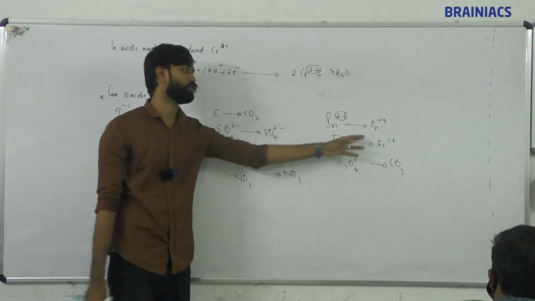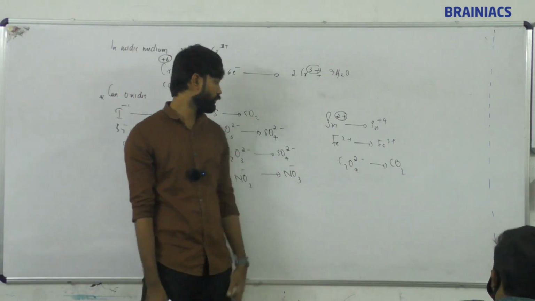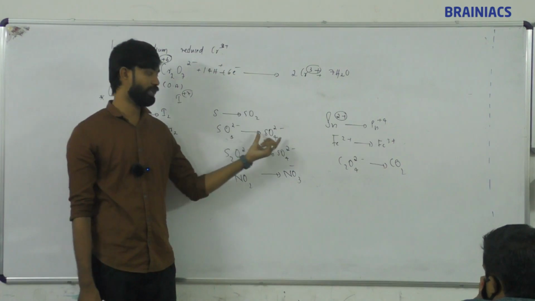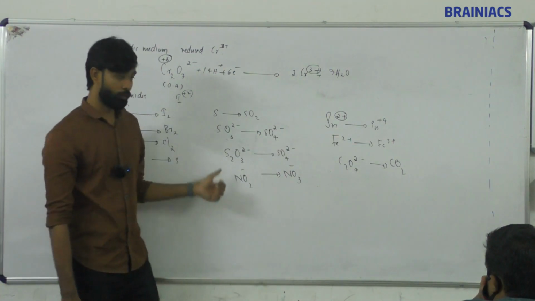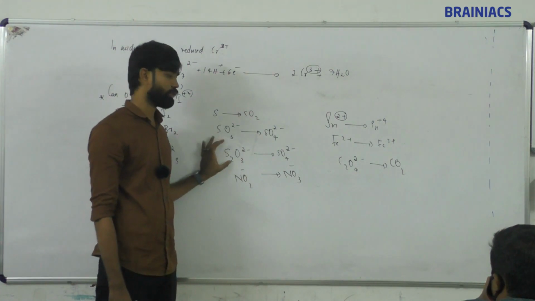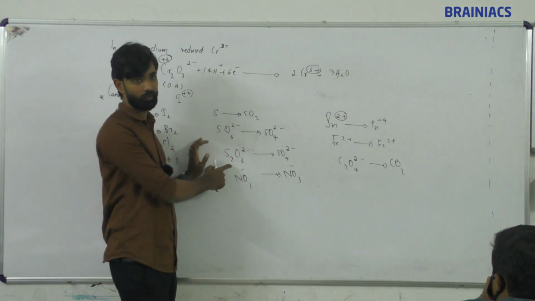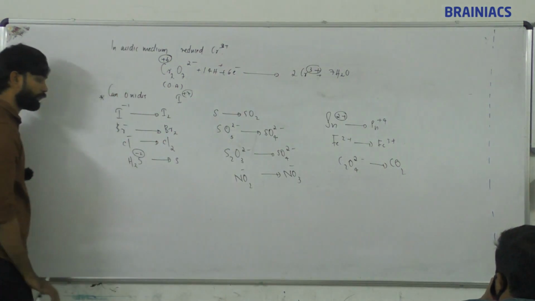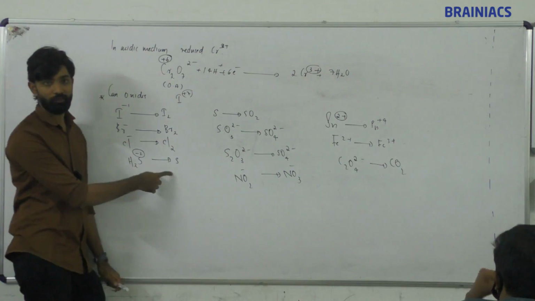Stannous to stannic, ferrous to ferric, oxalate to carbon dioxide, sulfide to sulfur dioxide, sulfite to sulfate, thiosulfate, and these compounds are discussed in redox reactions. Exceptional oxidation states: thiosulfate to sulfate, nitrite to nitrate, like that. Hydrogen sulfide goes only to sulfur.